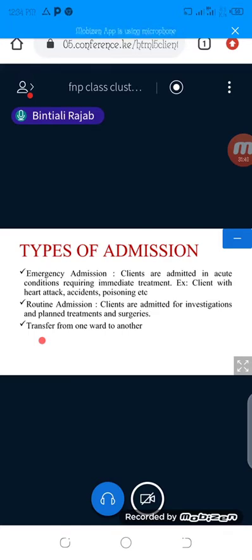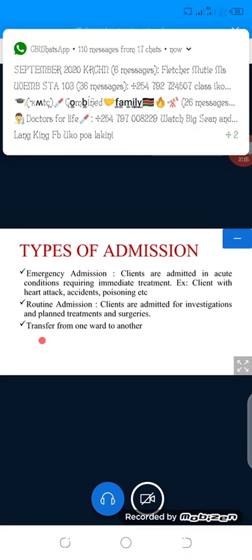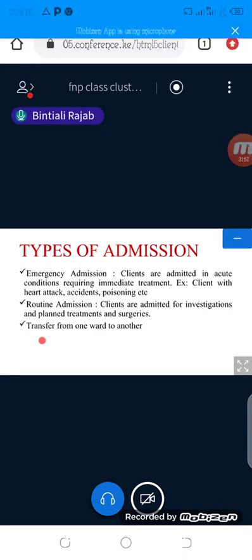So basically, that is the difference between emergency admission and routine admission. In emergency admission, you need to take care of the problem first before you continue with the other processes. Routine admissions are the normal ones that we do. Clients are admitted for investigations, blood transfusions, treatments and surgeries. These are patients who have come, they are stable, they are just admitted so that they can continue with treatment and investigation.